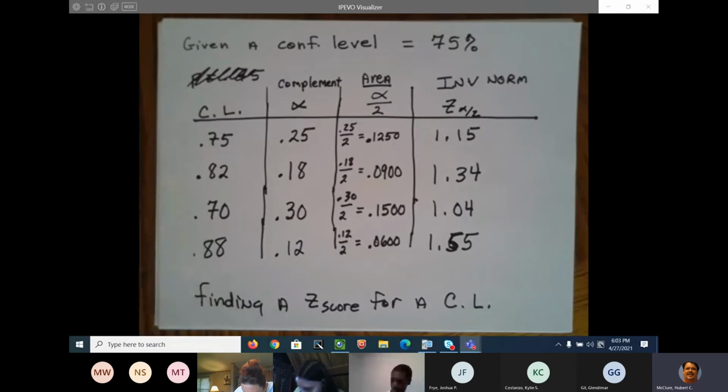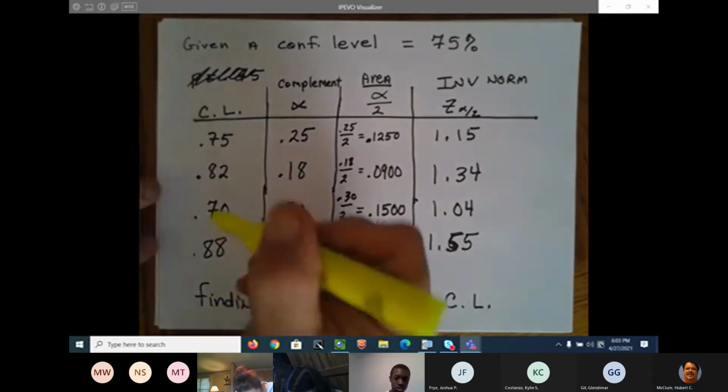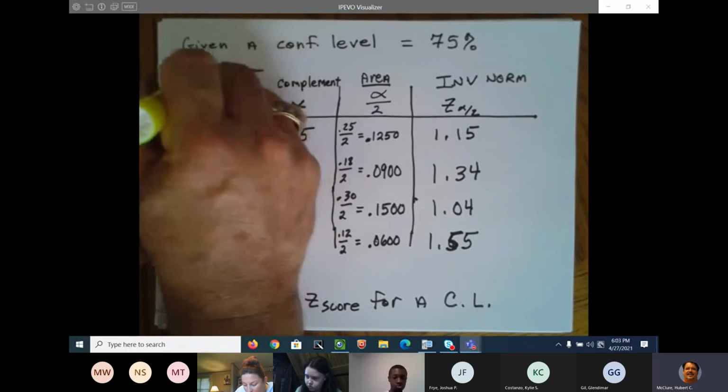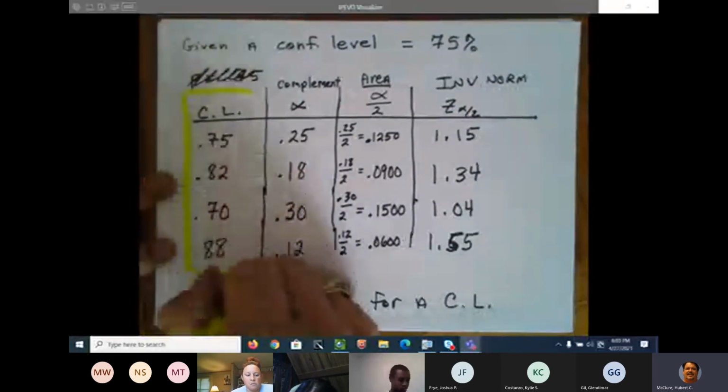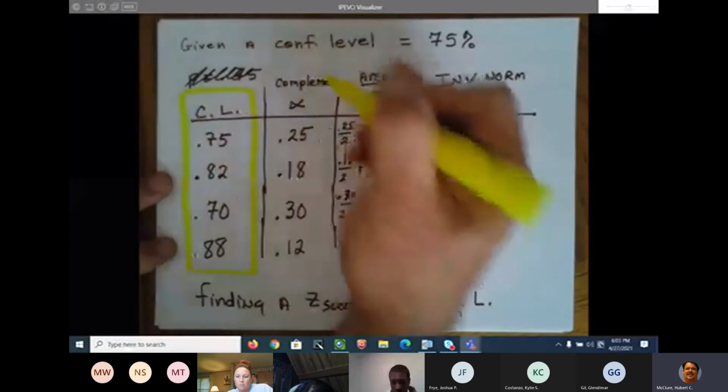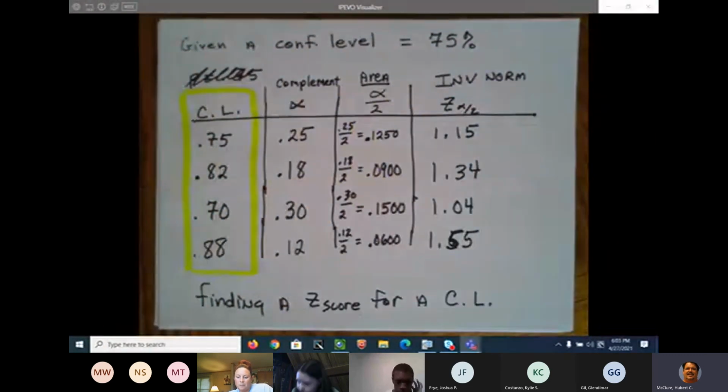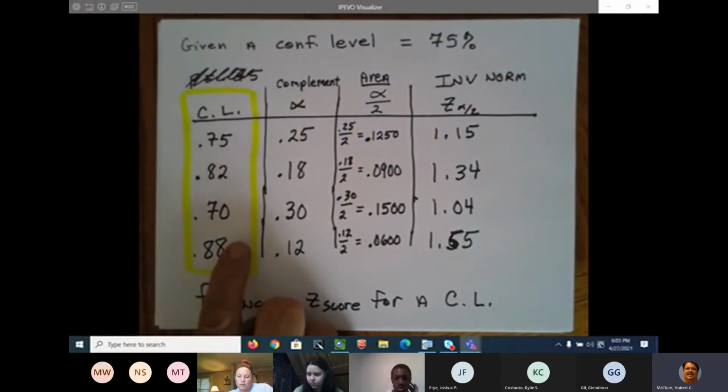The confidence level will be given. The question will say, the confidence level is, or find blah, blah, blah, based on a confidence level. And it will be given.